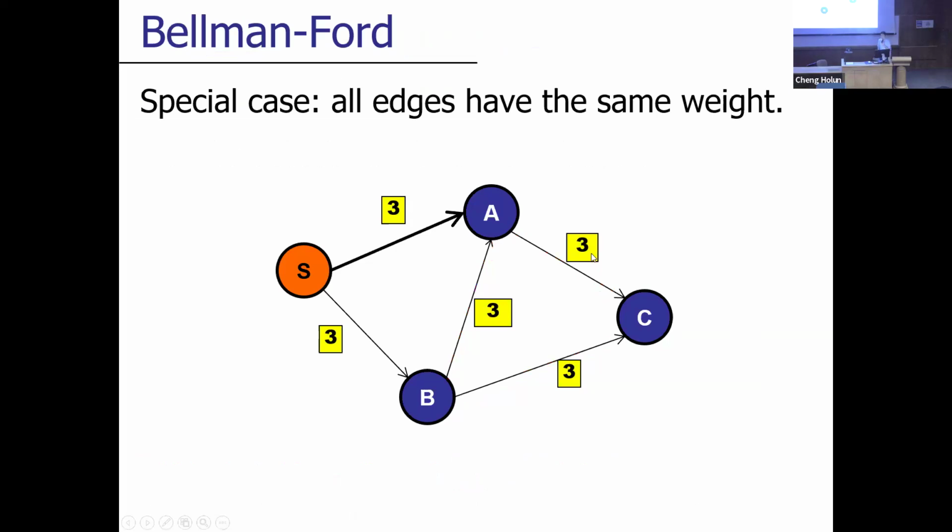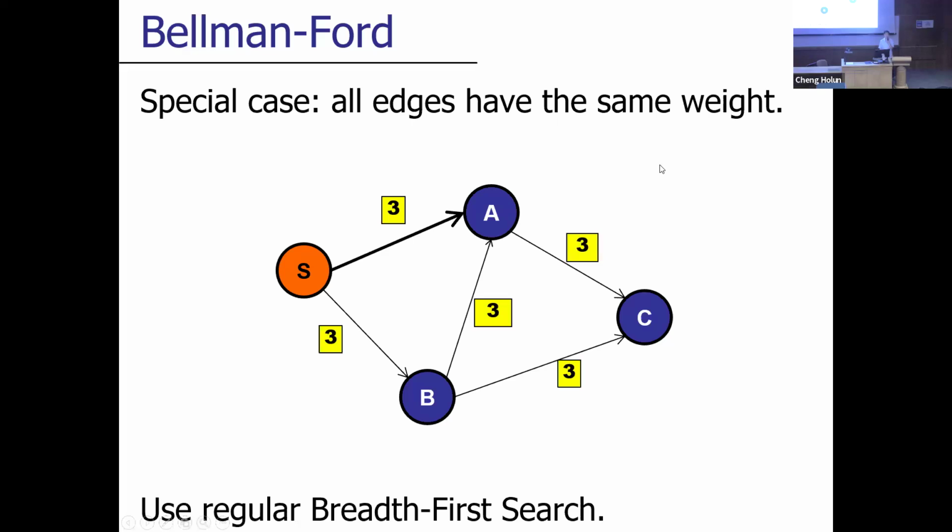There is also a special case for Bellman-Ford. How do you find the shortest path if you know that every edge has the same weight? Do you still run Bellman-Ford? Well, you can still run it in V times E, but if all the edges have the same weight, the path length is directly proportional to the number of hops.